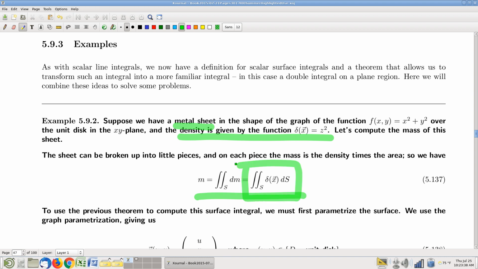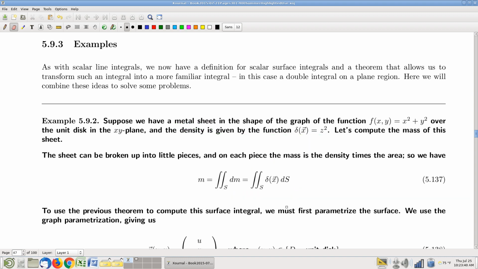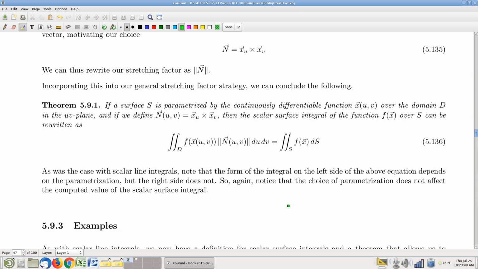Okay, so details though, how are we going to actually compute that thing? Well, step one is to parameterize. Right, again, you can see it right here in the formula. If you want to pull back, you've got to parameterize. You've got to parameterize your surface.